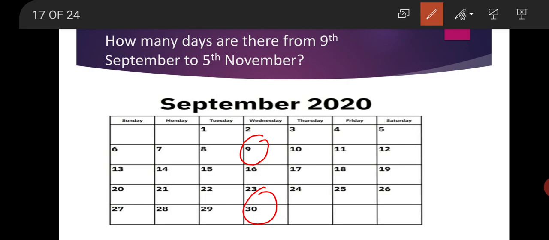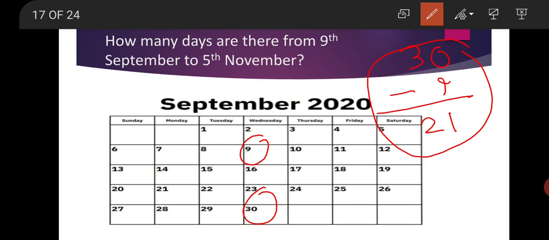Now students, if I ask how many days are from 9th to 30th September, then what do most students do? 30 minus 9, then 21. Is it correct? No, because I say from 9th to 30th. That is why you have to add an extra 1, because when you subtract, this day was excluded, but you have to include this day, so you get 22.